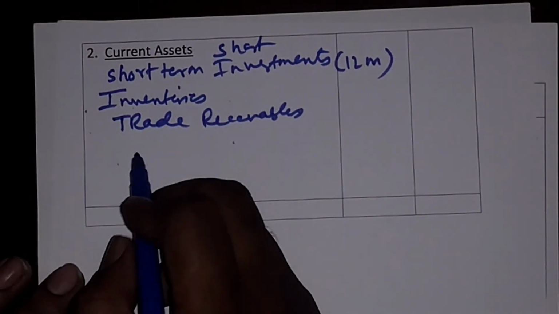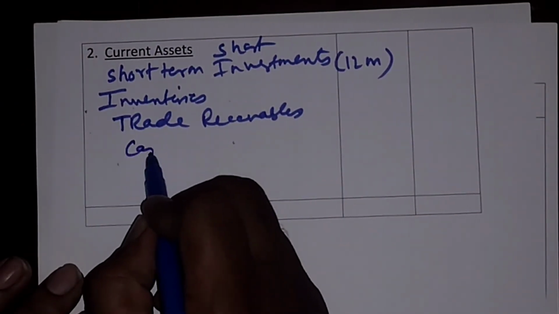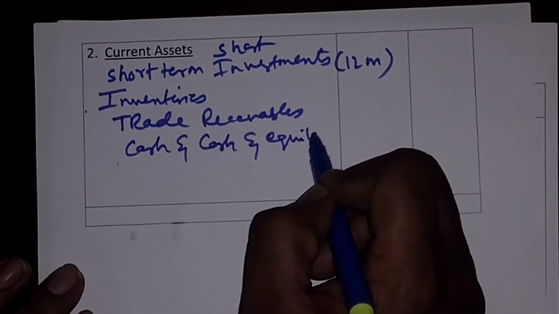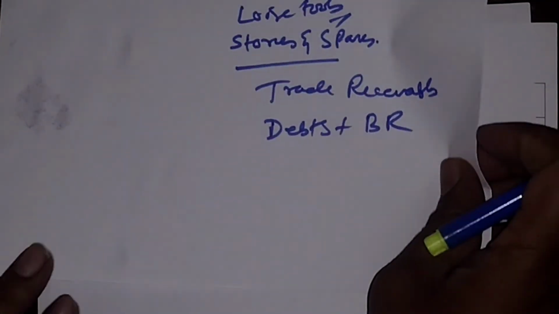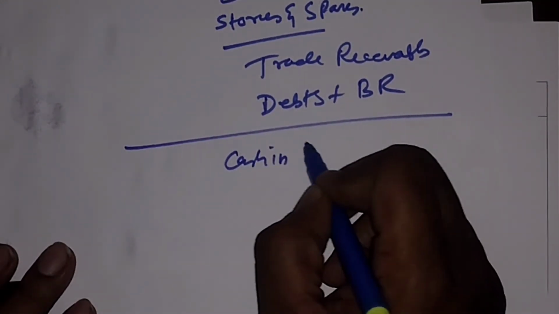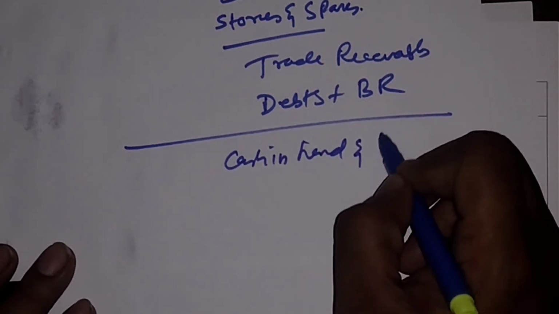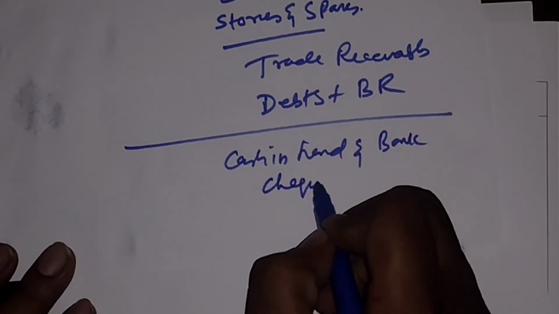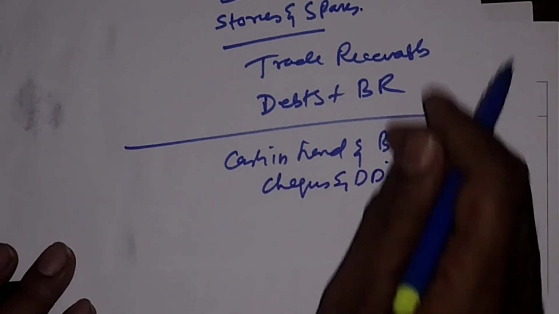After trade receivables, we have cash and cash equivalents. What are cash and cash equivalents? They include cash in hand, cash at bank, and other cheques and DDs, demand drafts.